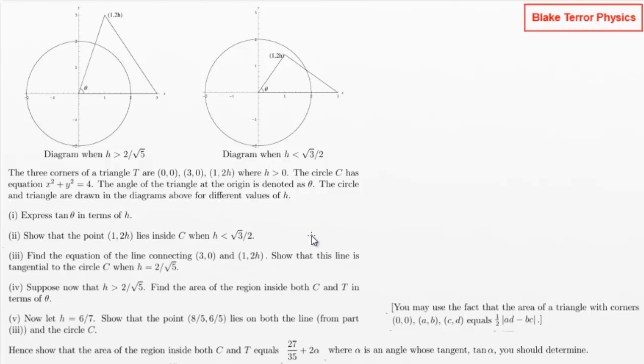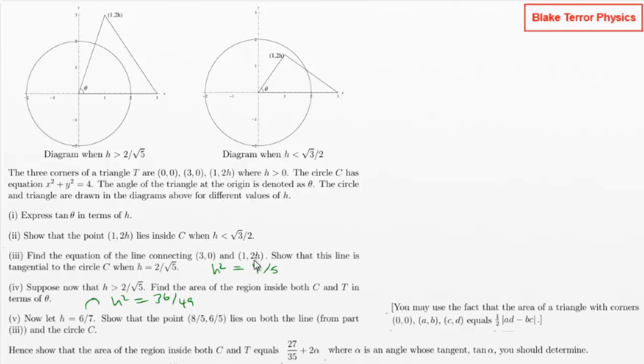We've got h is 6 over 7. So we were saying that the line is tangential when h is 2 over root 5. So in this case we've got h squared is 4 over 5, and here h squared is 36 over 49.